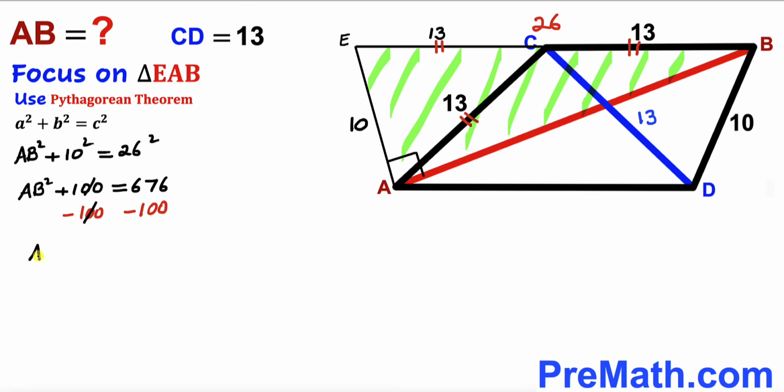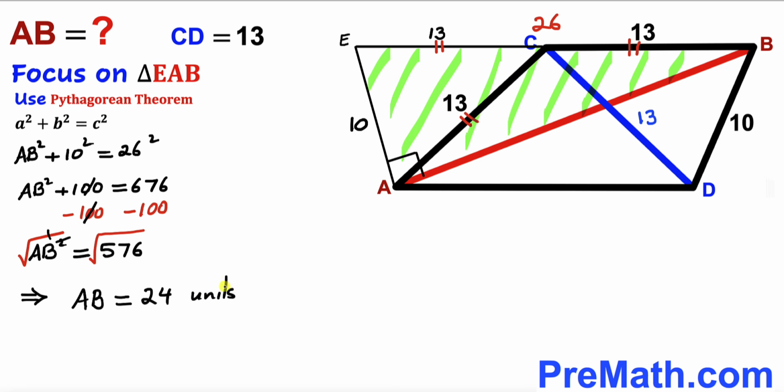So therefore AB squared is going to be equal to 576. And now I'm going to undo this square by taking the square root on both sides. So therefore our segment length AB value is going to be equal to 24 units.